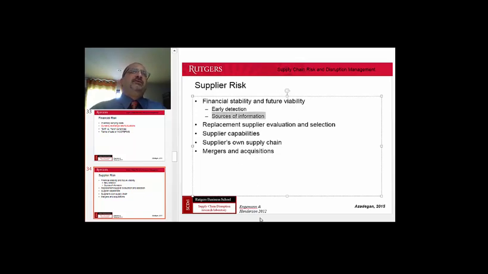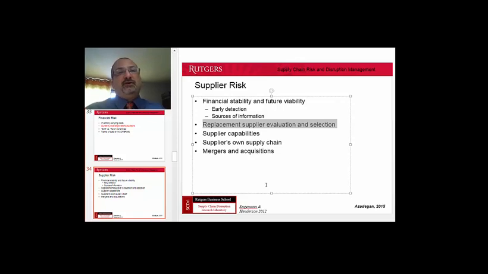And also being able to identify sources of information that can tell us about suppliers is critical. And so supplier evaluation and selection takes a different role, and risk management and risk assessment becomes a critical aspect of how we evaluate and select suppliers. Again, their capabilities for now and for the future become critical.